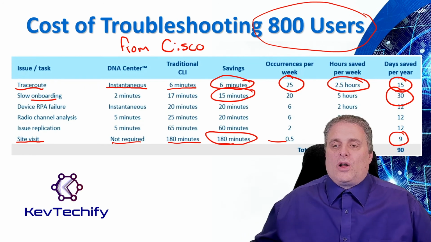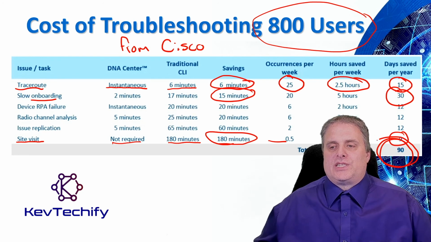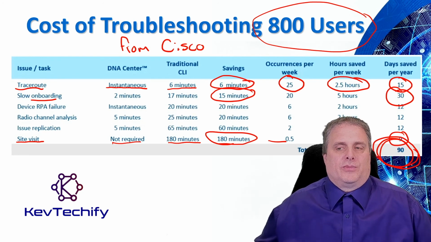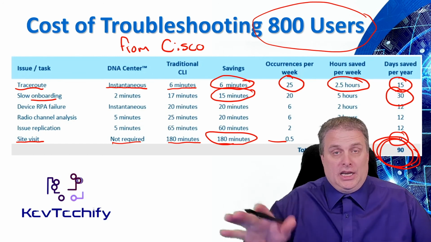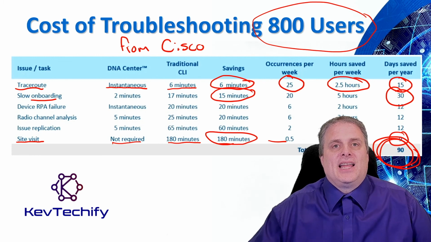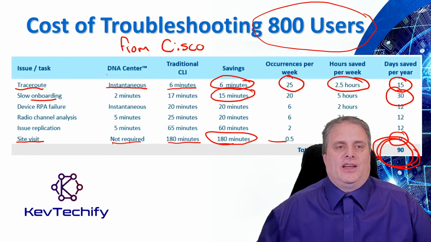When you add this all up, it comes out to be about 90 days of savings, according to Cisco estimates. 90 days per year, 365 days in a year, you save 90 days. That's a quarter of your year that you're going to save by having the DNA Center.